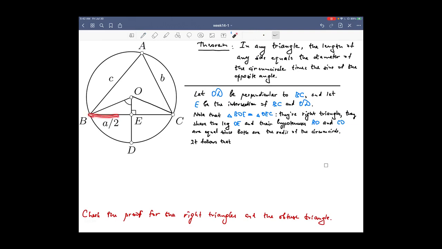Because BE equals CE, right? These sides are equal. This side is shared, so the other sides are equal. BE equals CE equals a over 2.